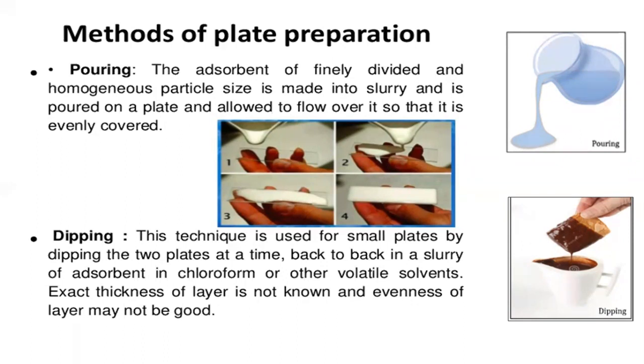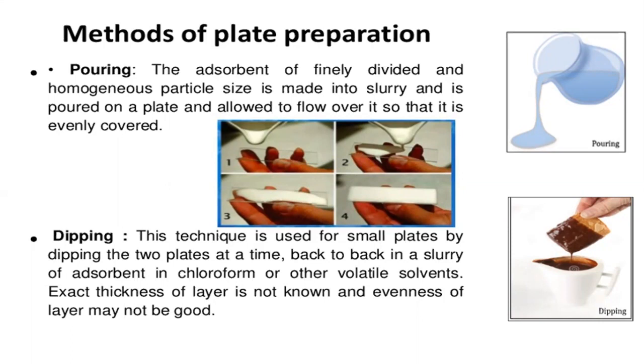In the dipping method, a glass beaker will be there with the stationary phase slurry in it. We take two glass plates and attach them to each other. Then we dip them into the glass beaker.